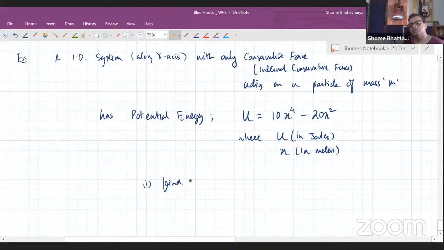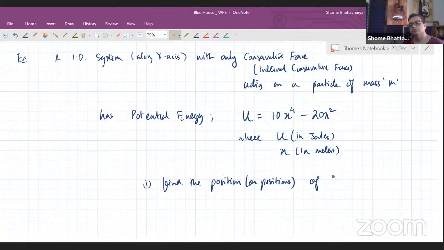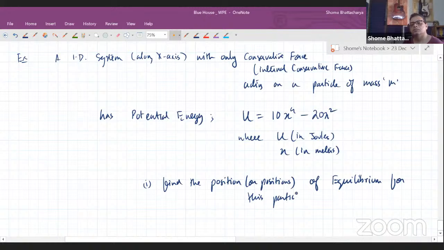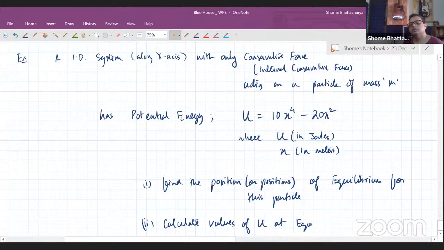So find the position or positions of equilibrium for this particle. Calculate the values of potential energy at equilibrium points.